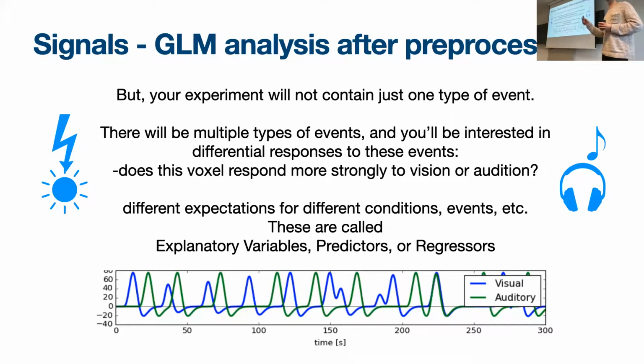Because we know when the neural event happened, we showed the stimulus at that time point. We have this idea of how to translate that neural event to a BOLD response time course, right? So this is what those signals should look like. We have a very clear expectation. But you already see that if I were to change the hemodynamic response function shape, this time course would also look different, right? So that expectation would change in terms of its shape.